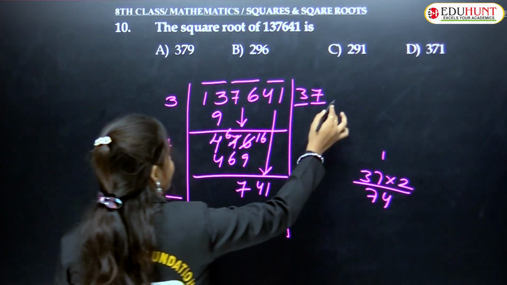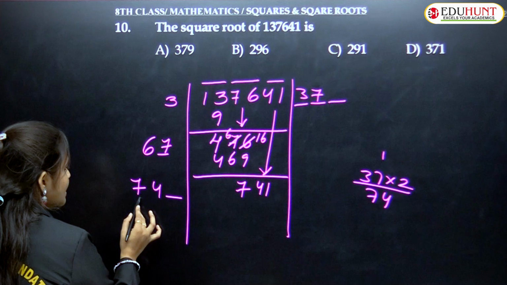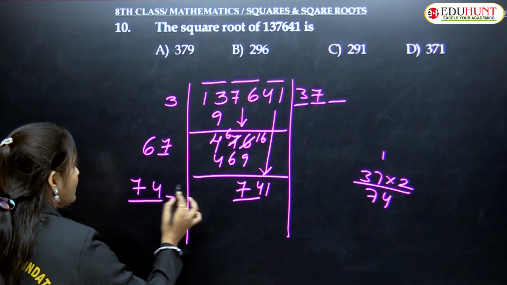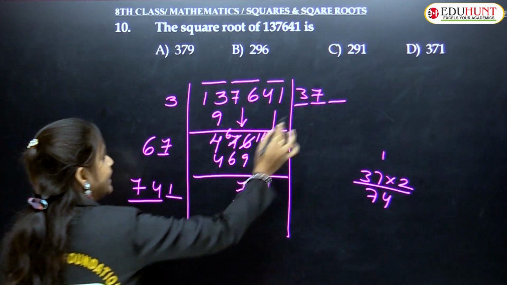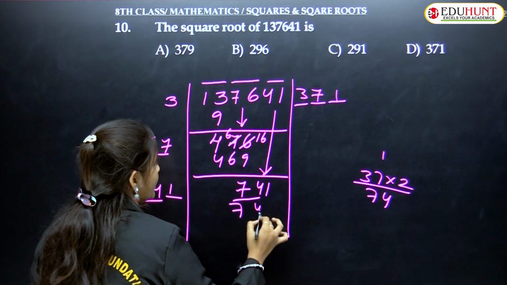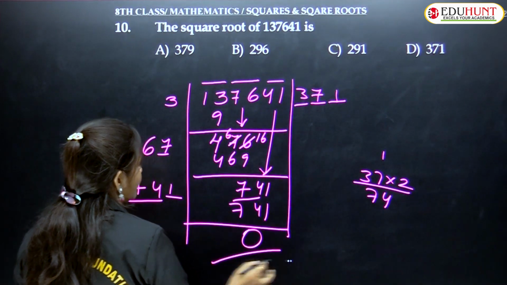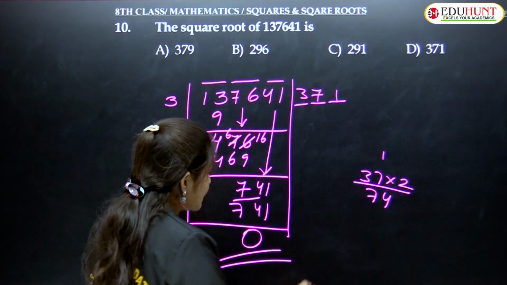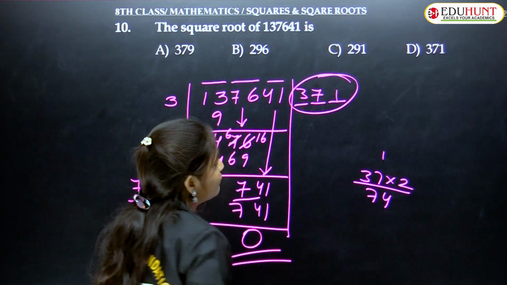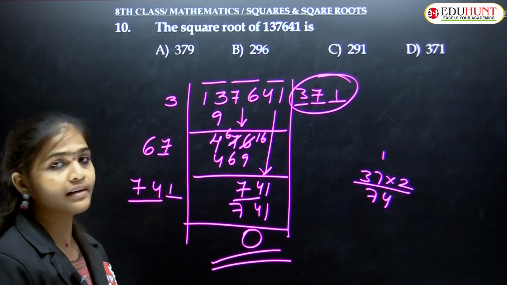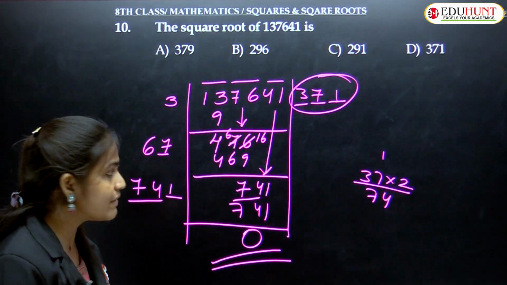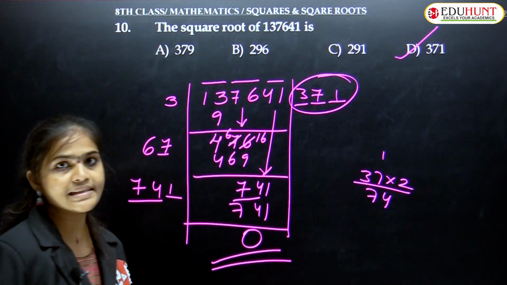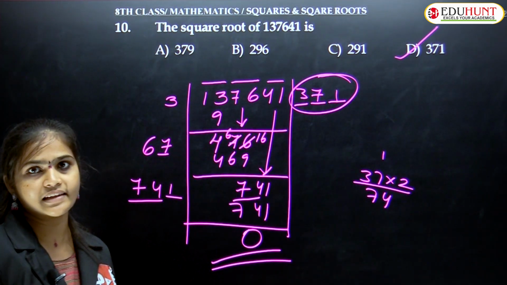Again the same numbers we have to write here. So children, just observe that 74, here also 74 is there. So if you take 1, 741 into 1 is equal to 741. So the remainder is 0. Remainder is 0. So that is a perfect square and its square root is 371. So which option is correct here? That is 371. Option D is correct here.